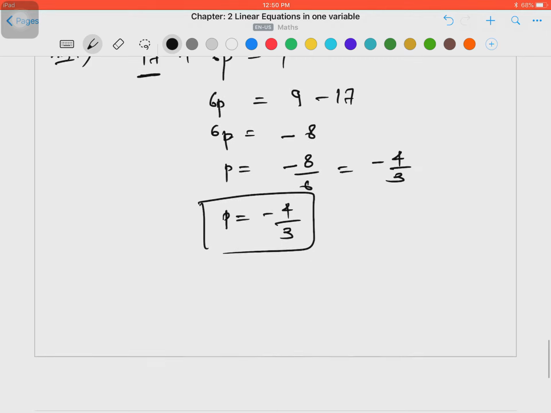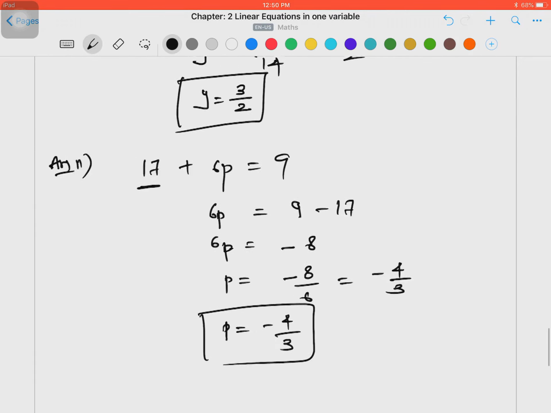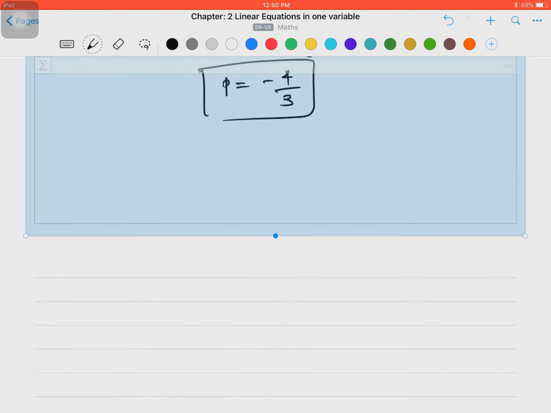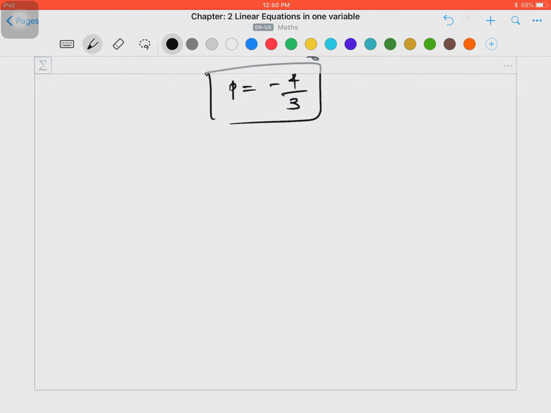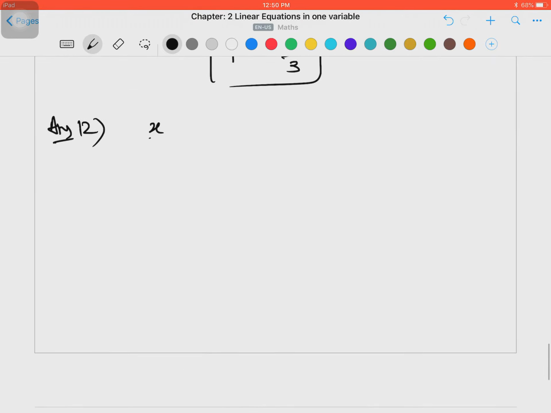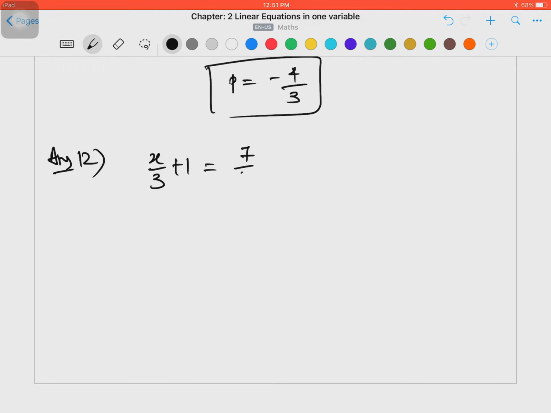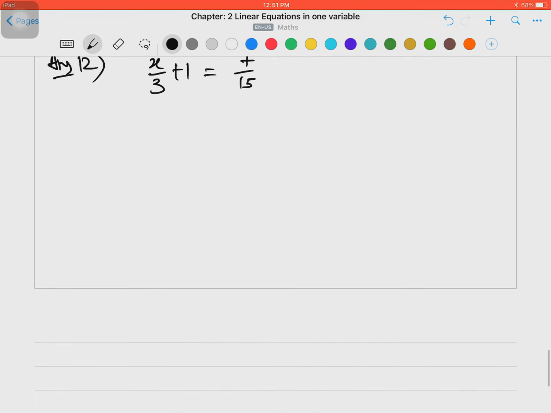Okay, and the last one is x by 3 plus 1 equals 7 by 15. This is answer number 12. We have x by 3 plus 1 equals 7 by 15.